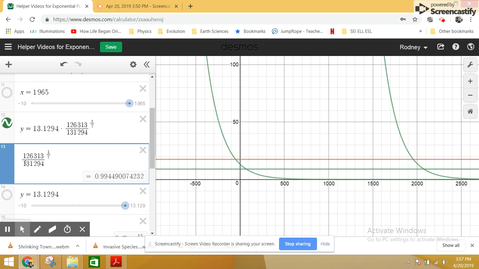And then if we say 1 minus that, then we get this rate of decay. This is actually going to be our rate. So it ends up being about a decay rate of 0.55% per year.